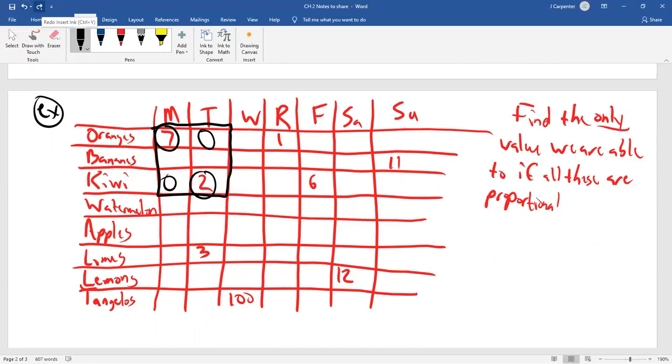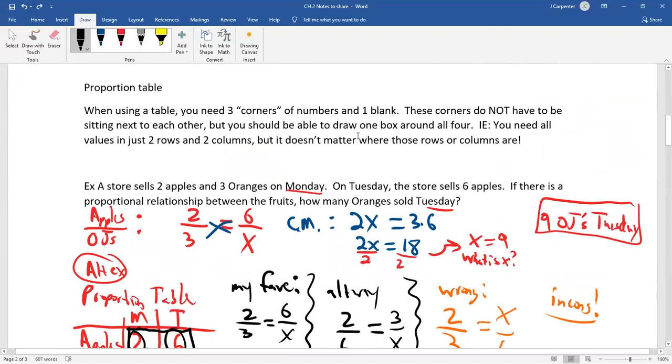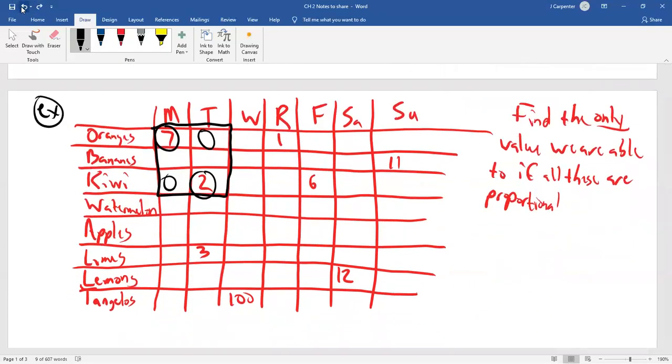But this box that I've drawn with the corners circled, 2 are numbers and 2 are blanks. If we wrote this out as a fraction, 7 over x equals y over 2, because these two things are different, you can't make them the same variable, that would not be a solvable equation that would give us a value. That's why it's important that when we draw that box, 3 of the corners need numbers and 1 of them needs to be blank. So that box fails.